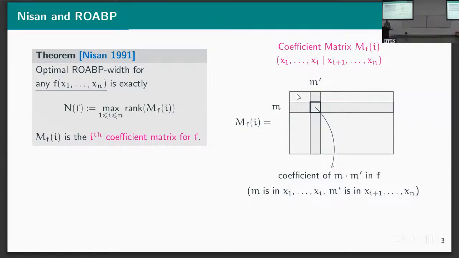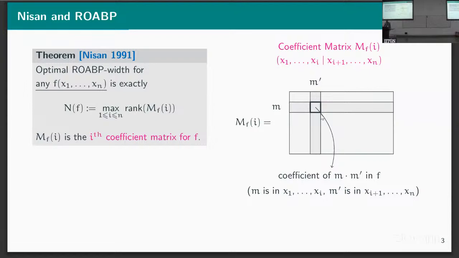So what you do, you take a matrix and the rows are indexed by monomials in the first i variables, and the columns will be indexed by monomials in the rest of the variables. You want to write a product of univariates, and you want to see how much information you need to remember at a cut. So take any cut, this is the i versus n minus i cut.